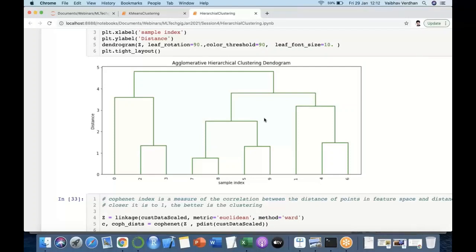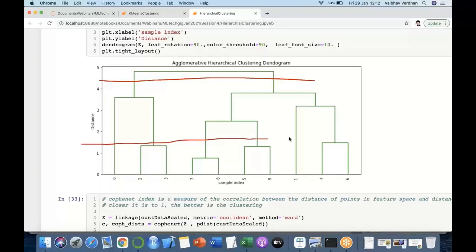Now that is also an art. You cannot choose the number of clusters randomly. You would choose them by using a particular logic. Like over here, if I choose only two clusters, you could see that that might not be the most optimal solution. So the method for that is that we take a cut over here.